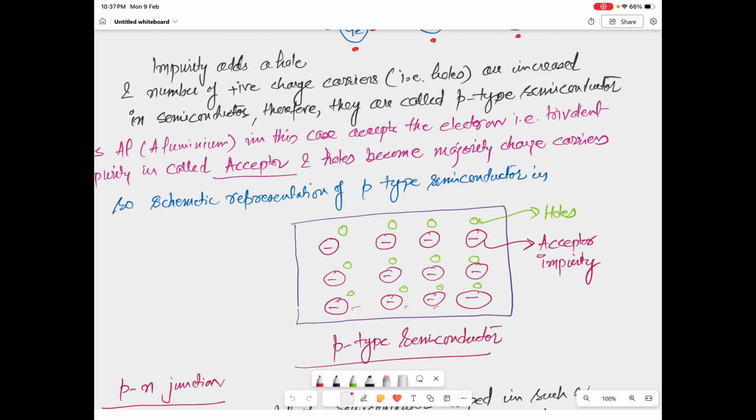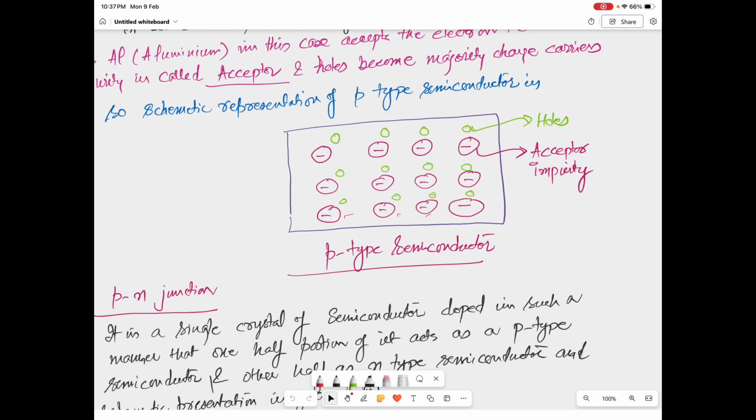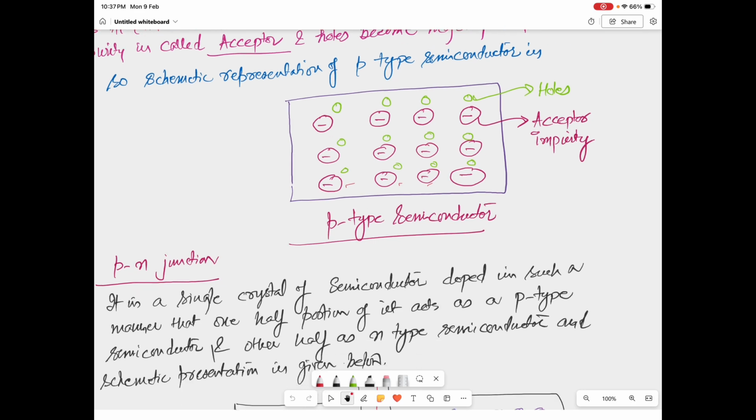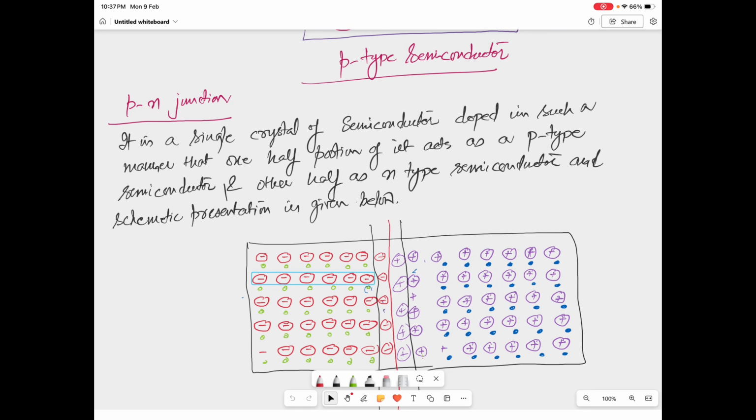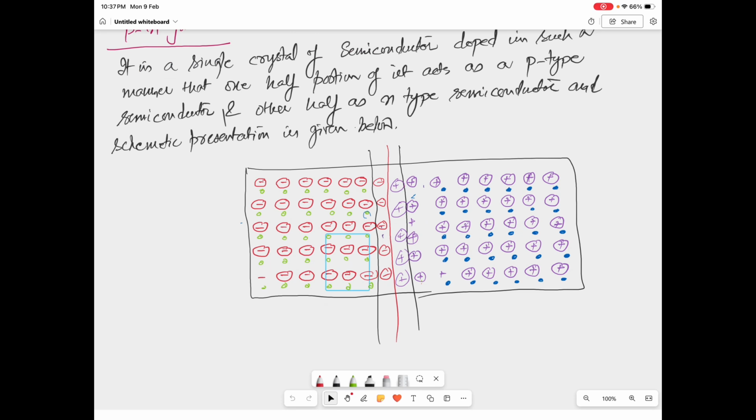In P-type semiconductors, you have negatively charged acceptor impurity, and the holes are the majority charge carriers. Now a PN junction is a single crystal in which the semiconductor is doped in such a fashion that half of it becomes P-type and half of it becomes N-type. So there is a junction which gets created.